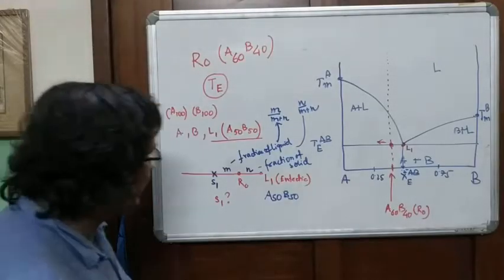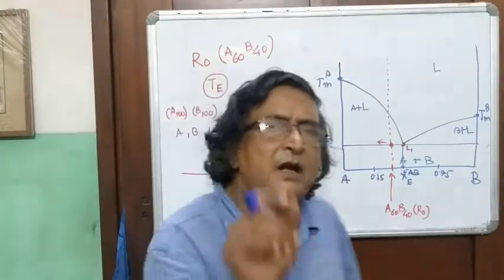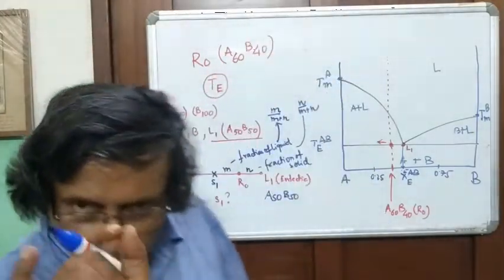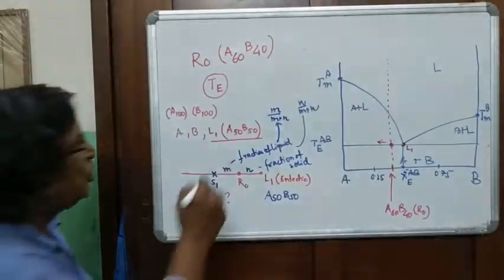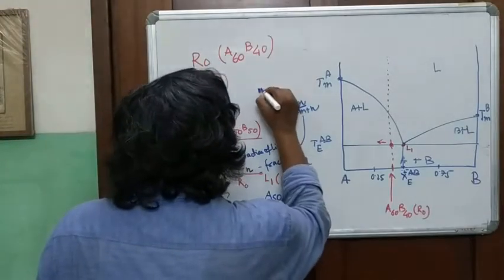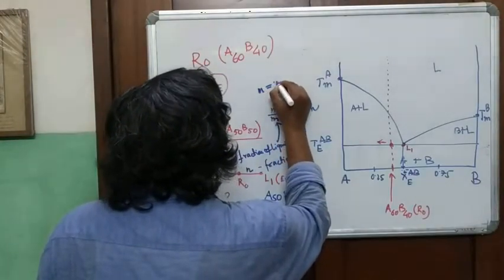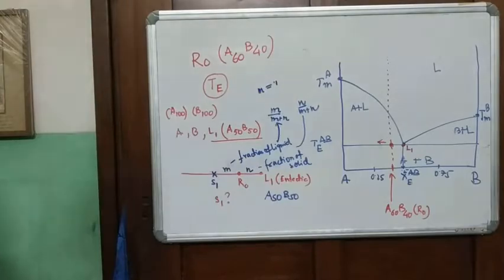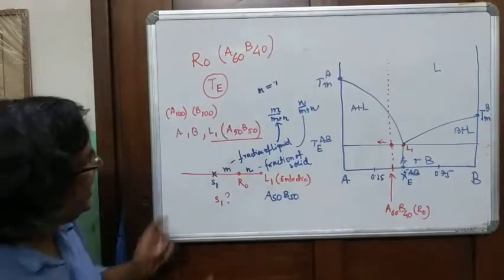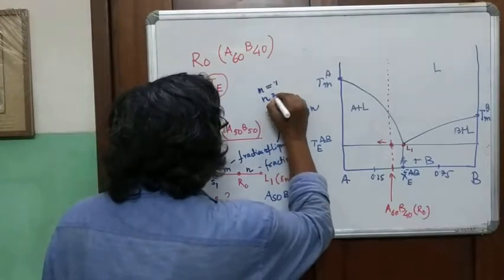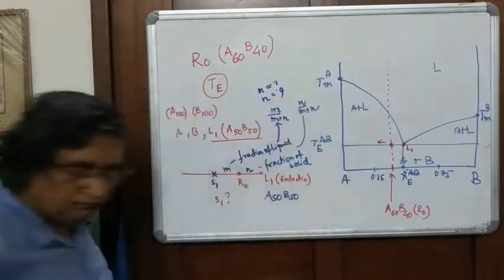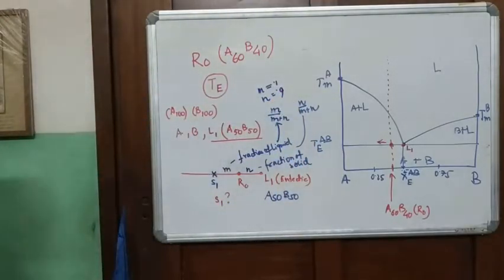Now let's say I have melted 10%. So M now becomes 0.1. That means N is equal to 0.9. Yes or no?